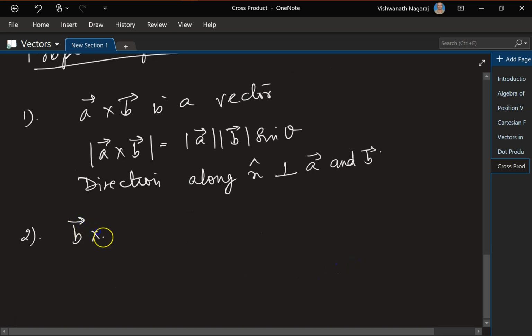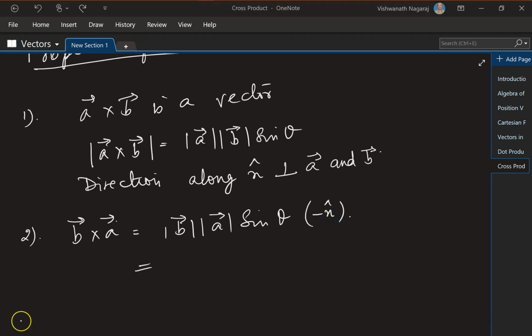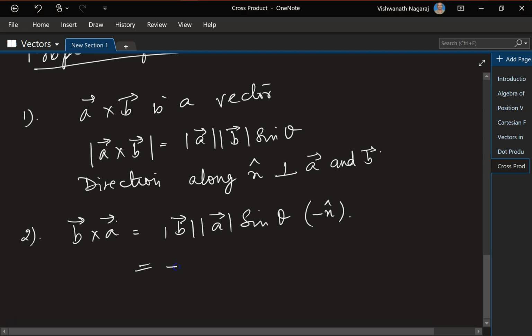Now B cross A is equal to what? Magnitude of B, magnitude of A, sine theta times minus n. Direction has changed. We bring the minus in front. Now this part is anyhow commutative.